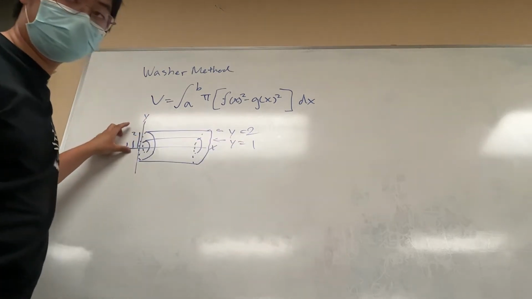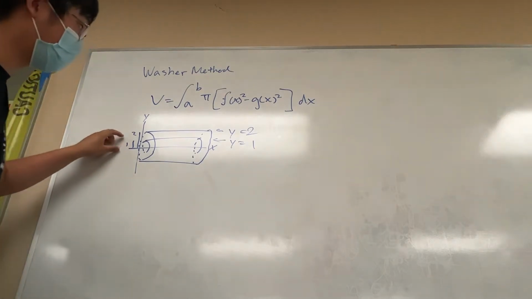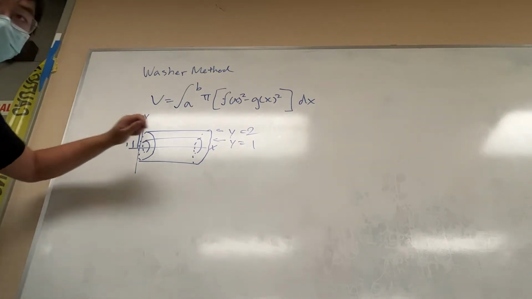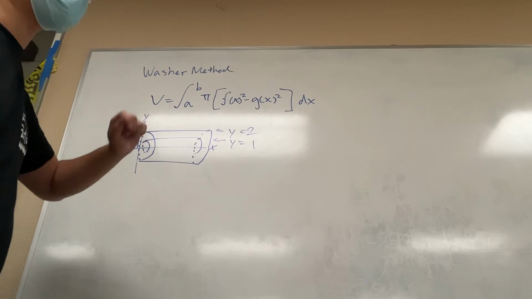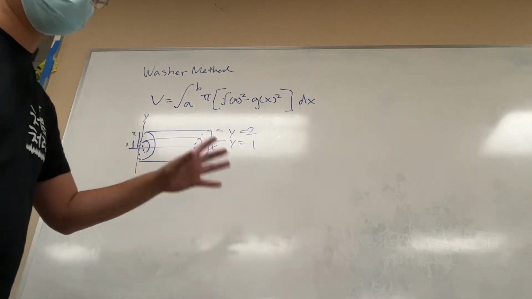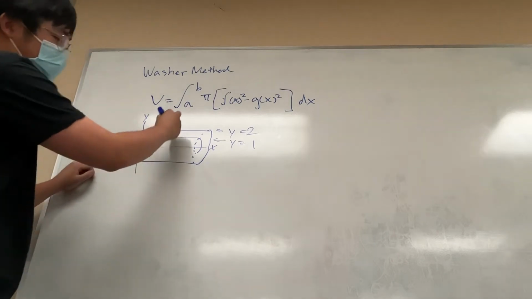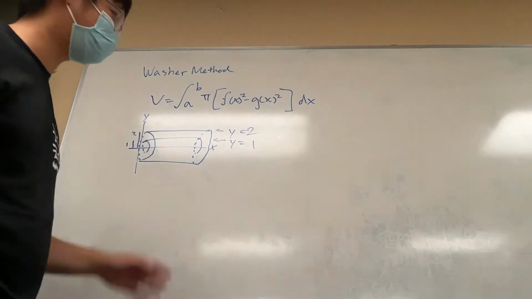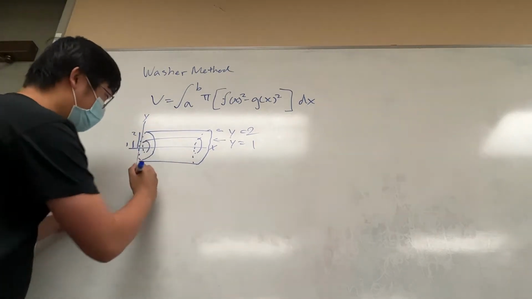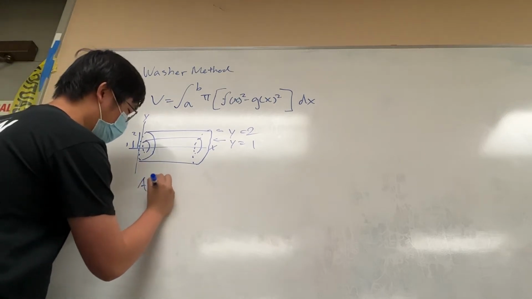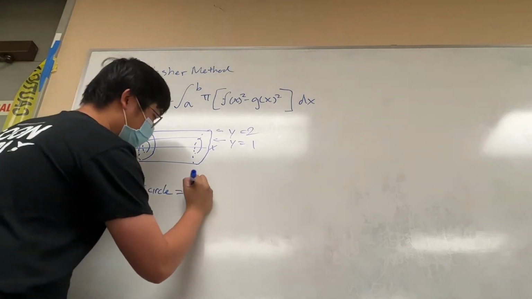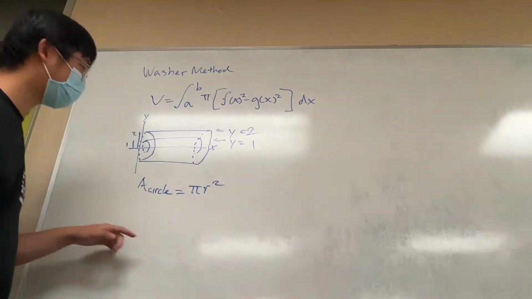Now we have this amount of data. We know that these are circles because they're rotated around a cylinder and it's symmetrical to each other. So we can express the area of any cross-section here as a circle. What is the area of a circle? Well, we know that the area of a circle is equal to pi times r squared.